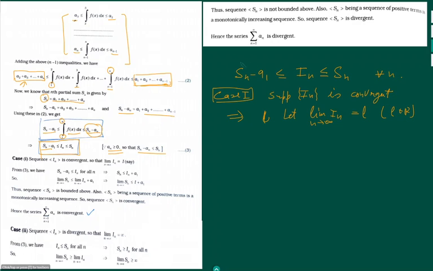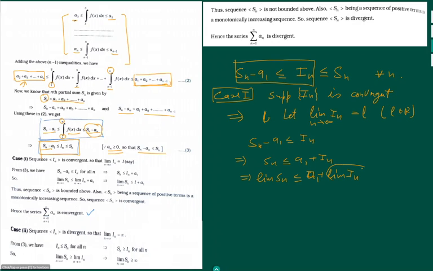From this part, you can write that Sn minus a1 is less than or equal to In, which implies that Sn is less than or equal to a1 plus In. So you could take the limit on both sides. The limit of Sn is less than or equal to a1 plus the limit of In.